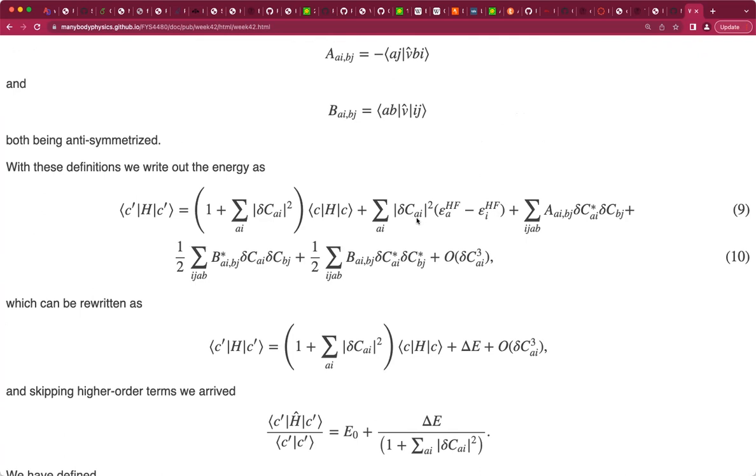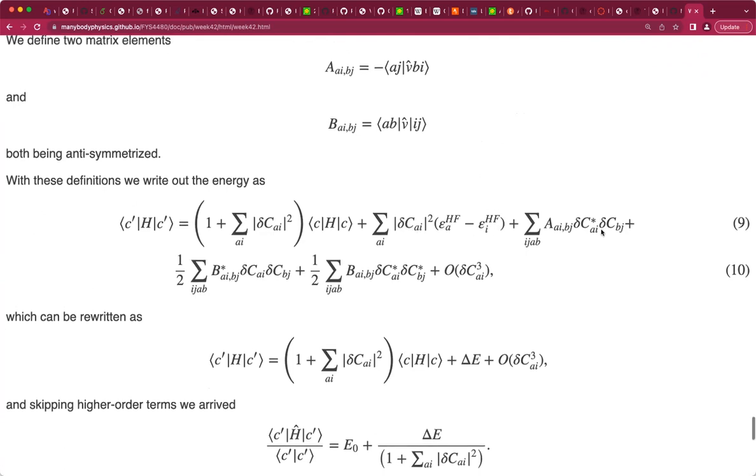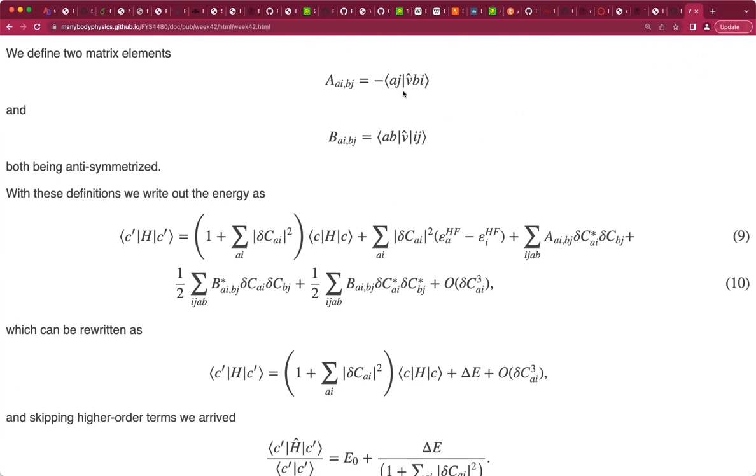And these are the terms which we get in addition, and they are defined by this matrix element. This matrix element here is a so-called one particle, one hole excitation, because we have a one particle, one hole here, and we end up with a one particle, one hole. This, on the other hand, starts with two holes and ends with two particles. So this is a two particle, two hole excitation.